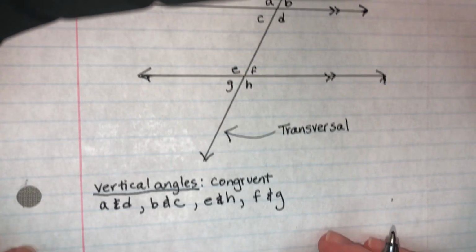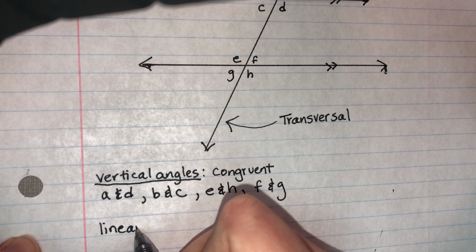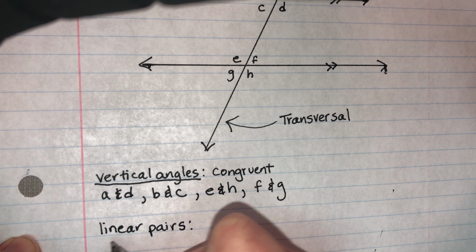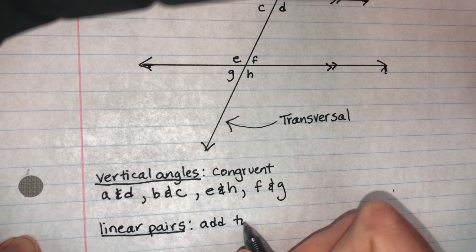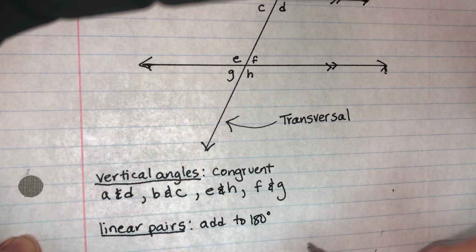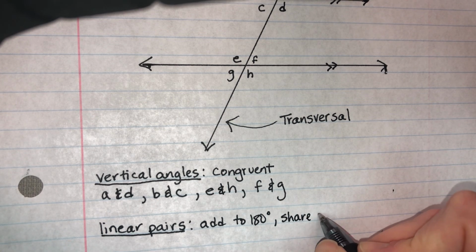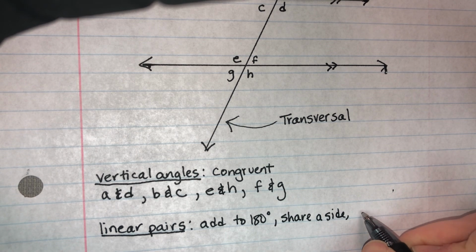Okay, next we're going to move to linear pairs. You have already learned what a linear pair is. Linear pairs add to 180 degrees. They're supplementary. They share a side. And with their non-common sides, they form a straight line.